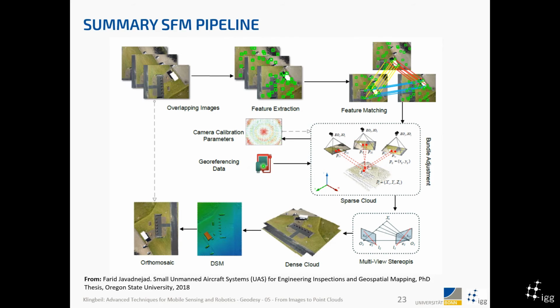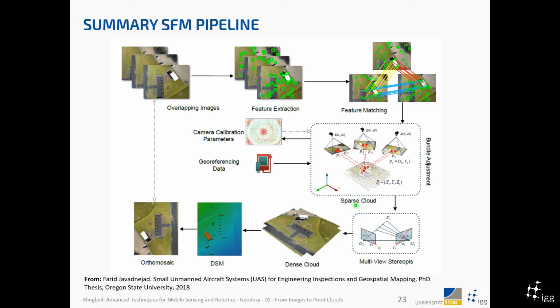This georeferencing, as we said before, could be done either by knowing the positions of the cameras beforehand with a GNSS device, or by knowing some coordinates in the object space, for example by using ground control points.